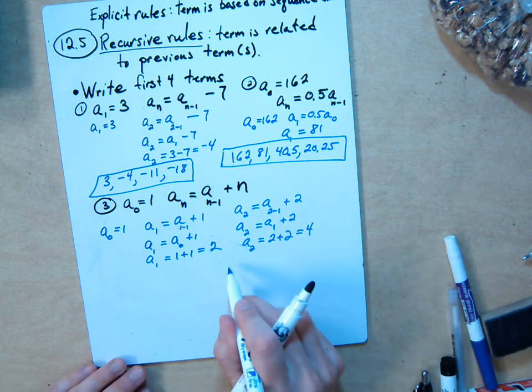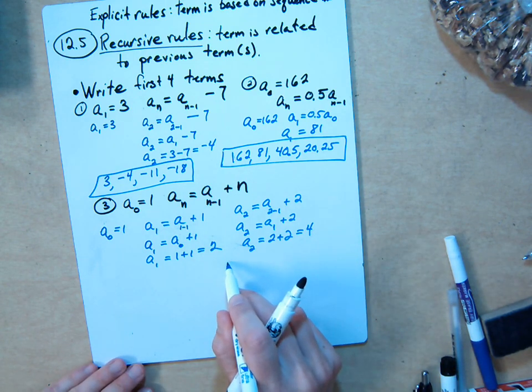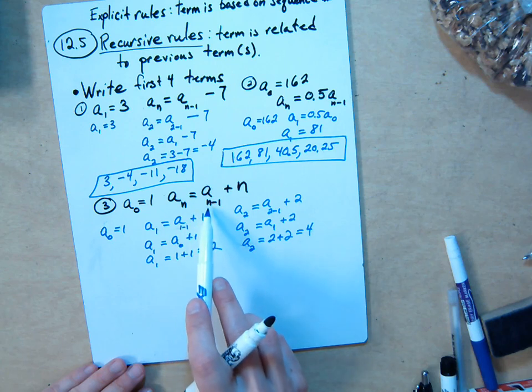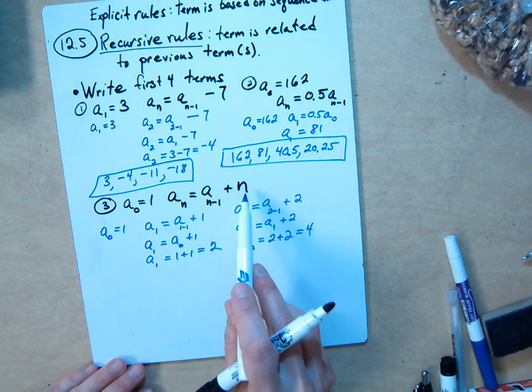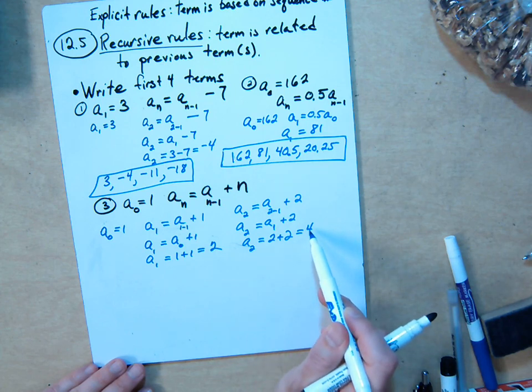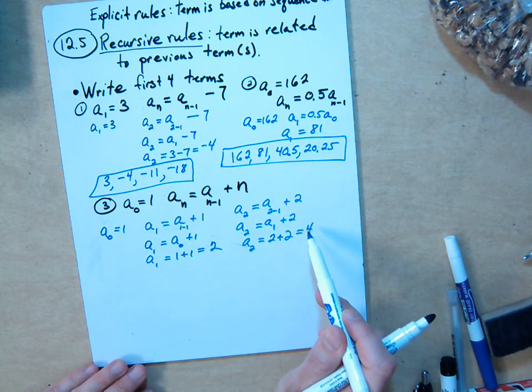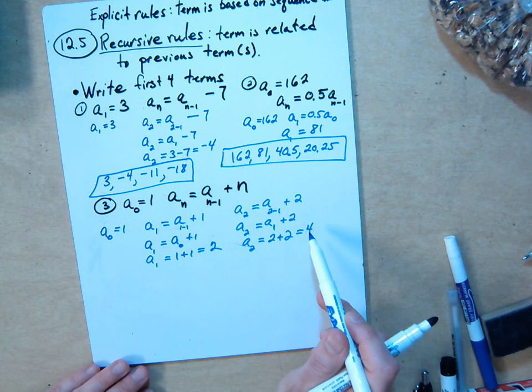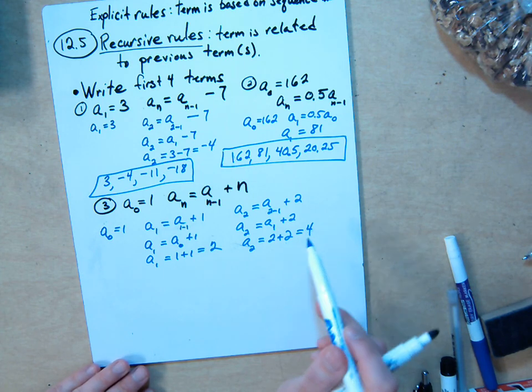Let's see. So we're doing the previous term plus n. So if we want a sub 3, the previous term is 4 plus 3, which is 7. So it's a really interesting pattern. Previous term plus n.